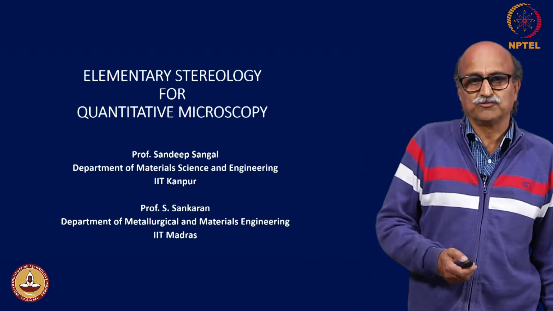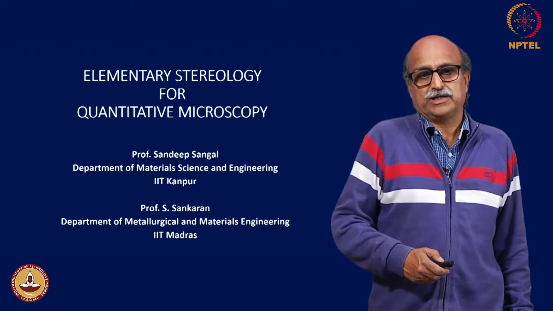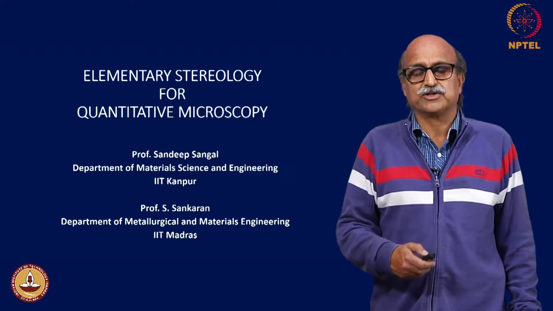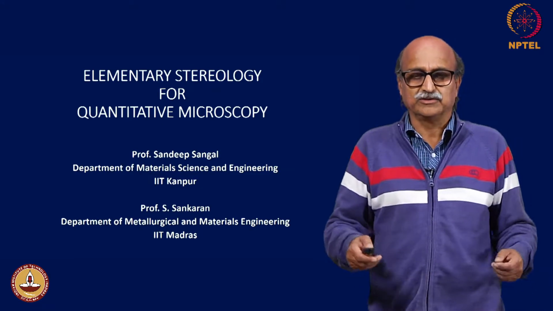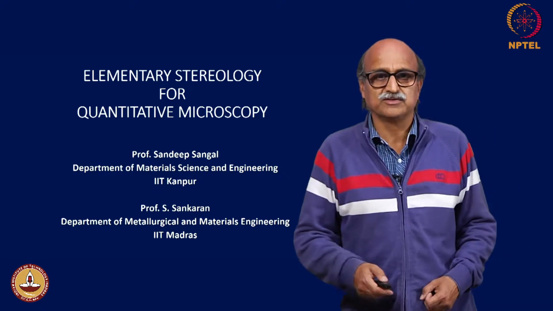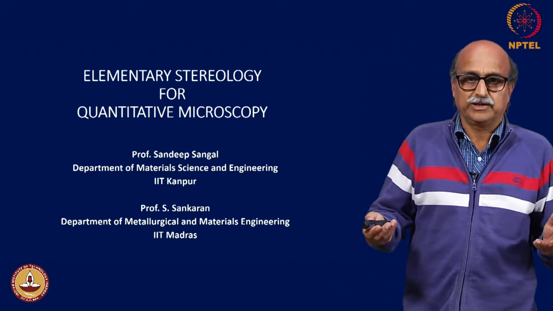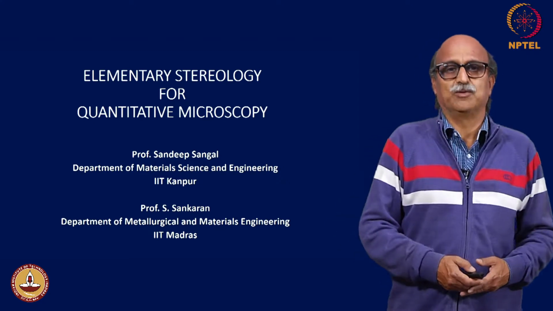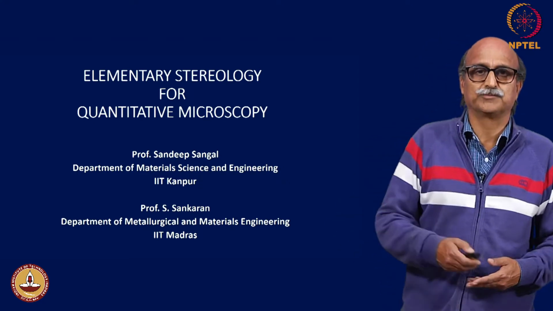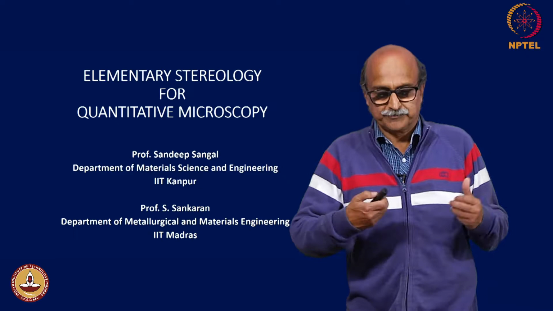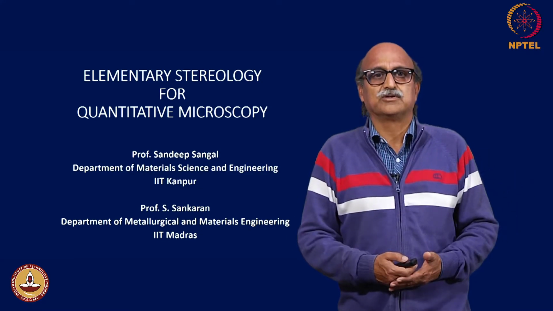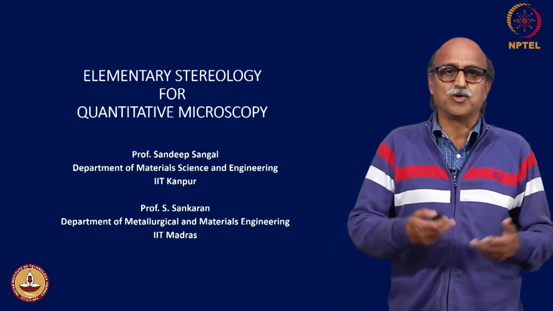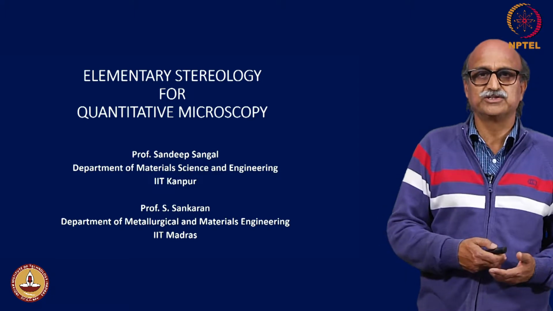So, this course will look at the geometrical characterization of grain size, it will look at particle sizes, it will look at interlamellar spacing of lamellar structures, it will look at dihedral angles. These are the angles between grain boundaries at triple points and at triple edges.